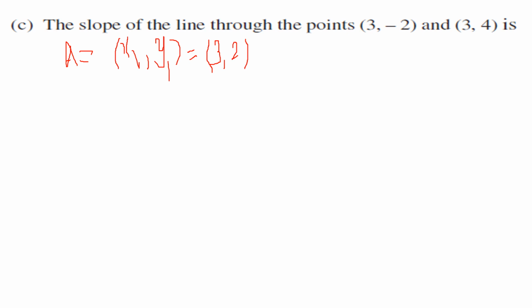Similarly, let us consider second point is B. Second point is B. And assume that this is x2, y2. Ordered pair x2, y2, that is equal to (3, 4).